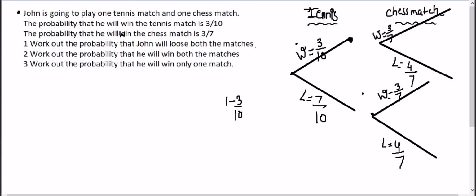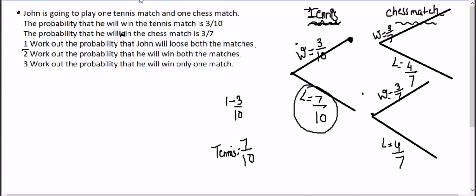Now one by one let me see the parts. The first one is to work out the probability that John will lose both the matches. So we have to see those probabilities where he is losing both matches. The probability of losing the tennis match is 7 by 10, and the probability of losing the chess match is 4 by 7.